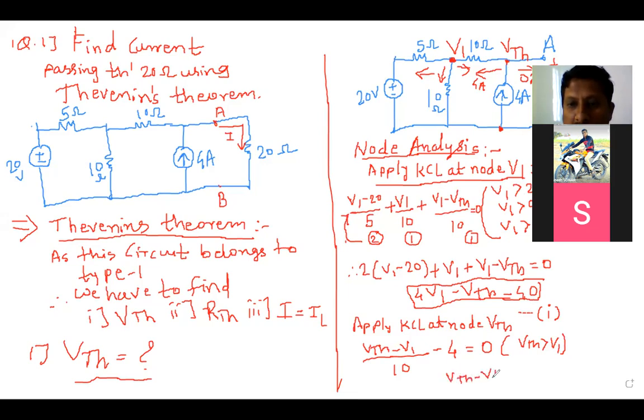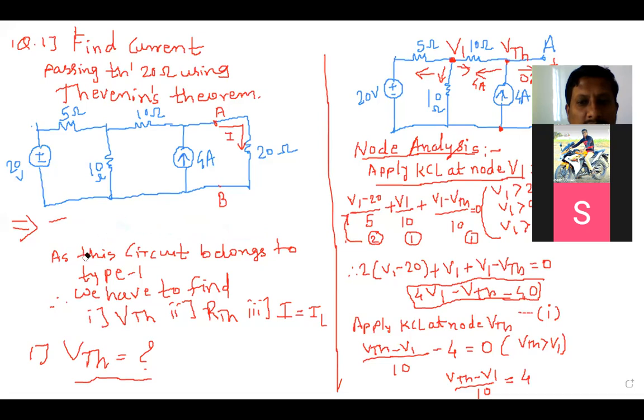(VTH minus V1) divided by 10 -4, when it goes to the other side it becomes +4. So what can you get now? What is VTH minus V1?